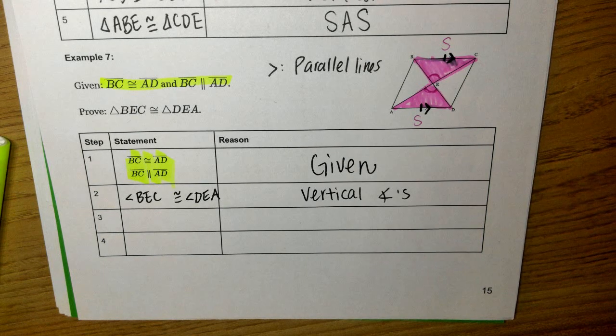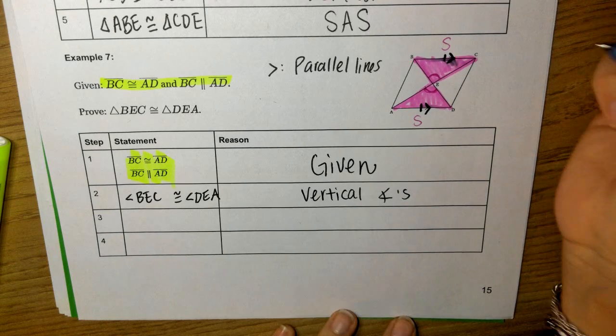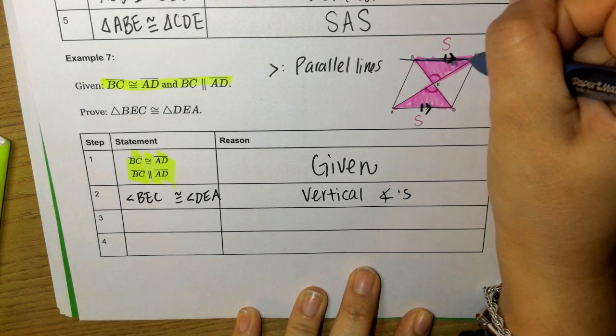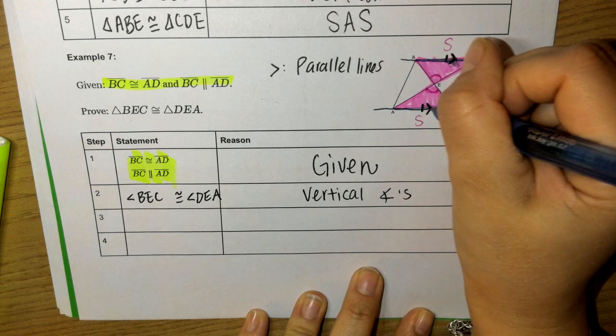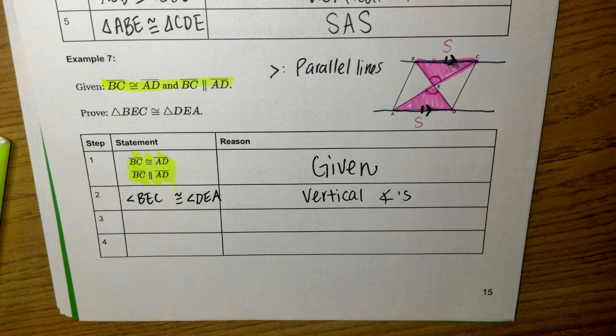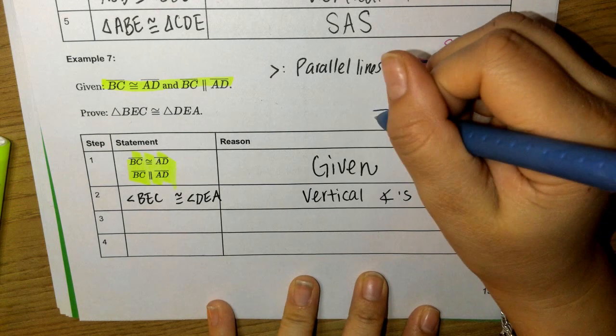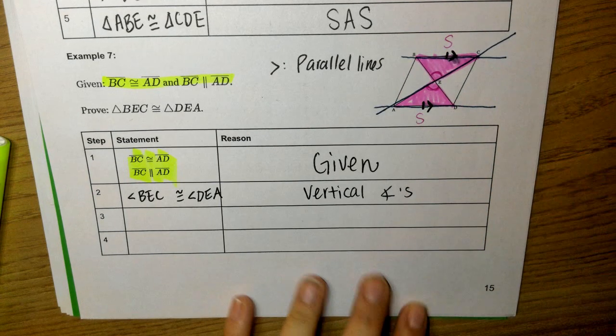Going back to 10.2, we did talk about, hey, if we have parallel lines, I'm going to use a blue pen. If I got parallel lines, I'm going to extend these out. That means I have a transversal, right, that's being cut through. In this case, this could be my transversal.